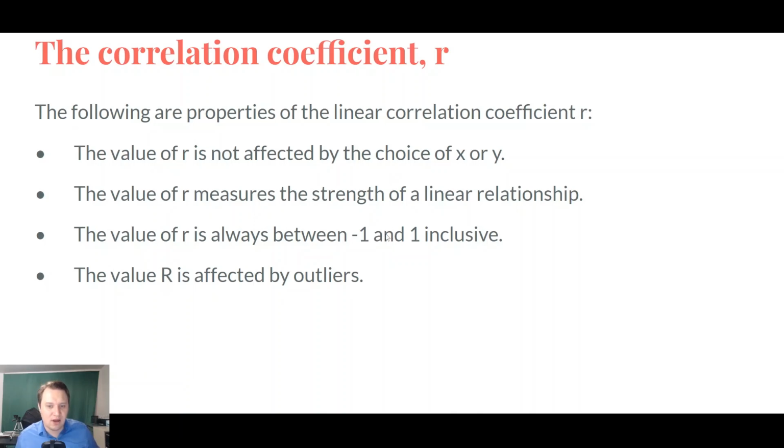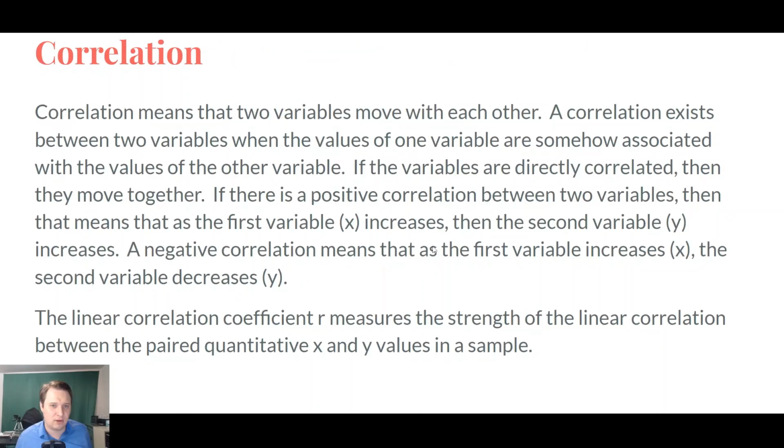A correlation of 0 means that the two variables don't go with each other at all. And a correlation of -1 means that the variables move in opposite directions of each other. Interestingly, R is not affected by the choice of X or Y, so you can flip the two variables and R will be the same. You can think of R as measuring the strength of the relationship between the two variables. And as we'll see in a minute, this whole process is very much affected by outliers.